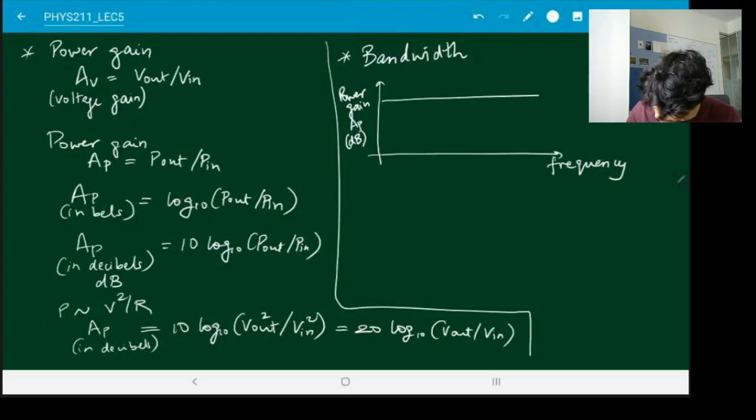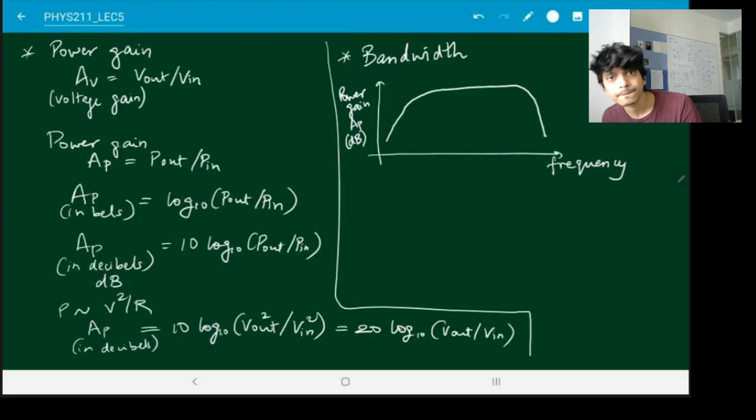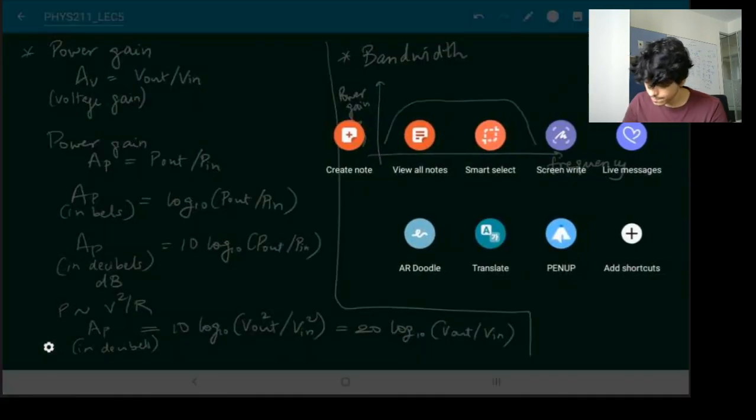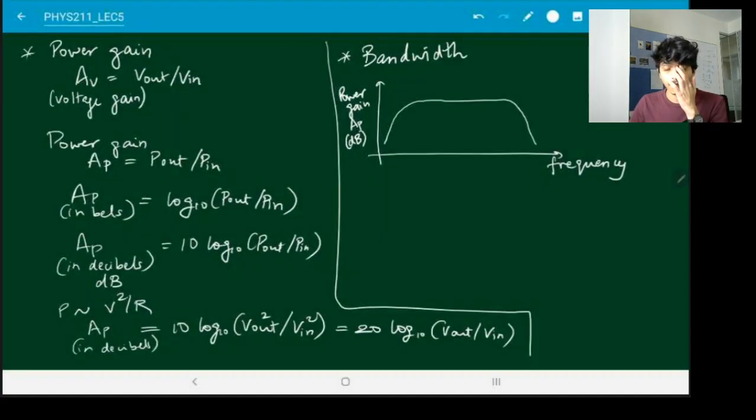What you really have is what looks something like this. So it's flat over some intermediate range, but for very small frequency and for very large frequencies, the gain will be less.